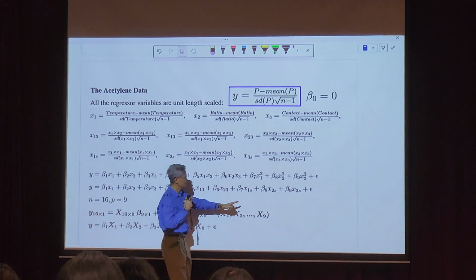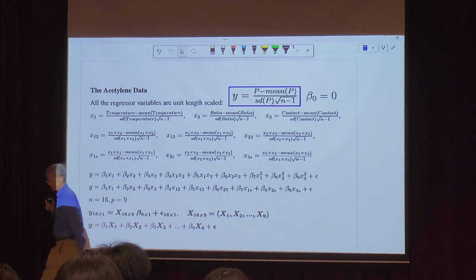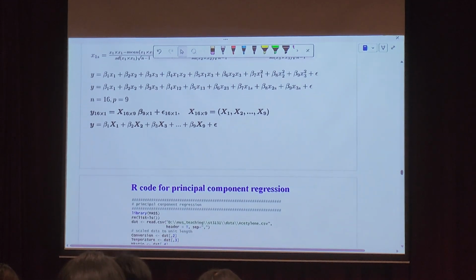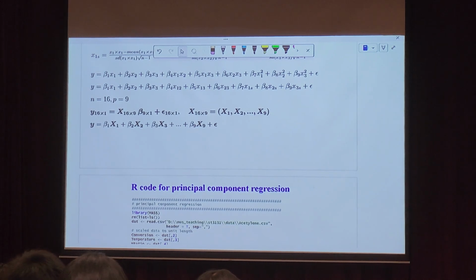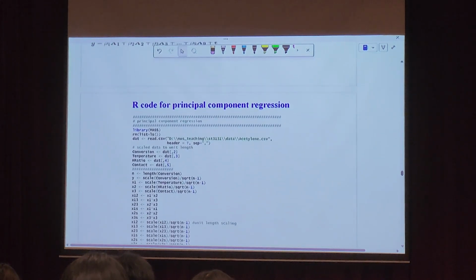So x9 is x3 squared scale. So we have 9 variables to look at, and there's no beta naught because it's 0 now. And then now we want to check whether there is any dependency or not. And this can be done by finding the eigenvalues of this matrix, x prime x matrix.